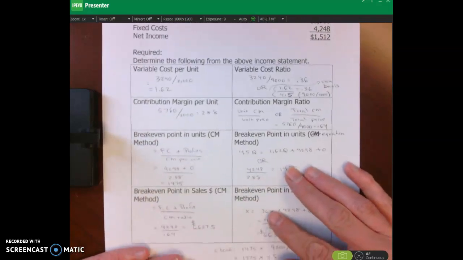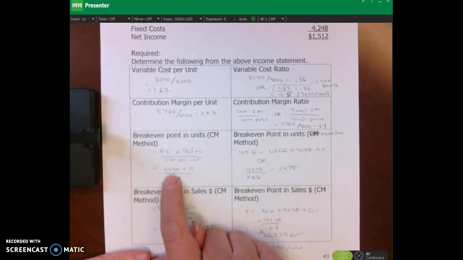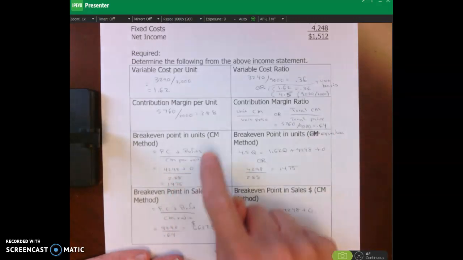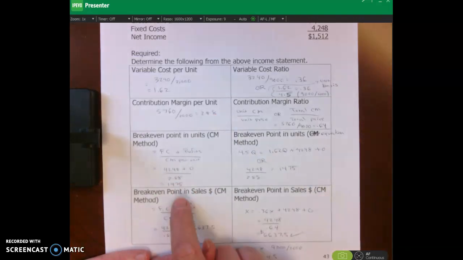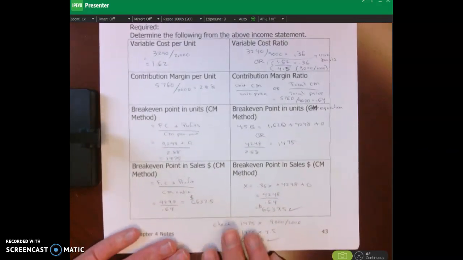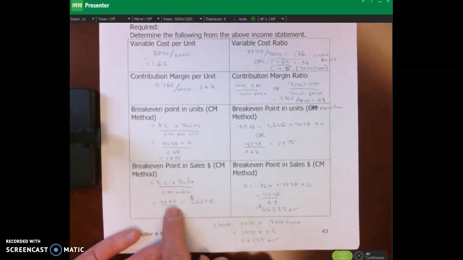Okay. In terms of the break-even, we take our fixed costs of 4,248 plus 0 profits, right? Divided by my contribution margin per unit, which is $2.88, gives 1,475 units. Okay. Break-even point in terms of sales dollars, we can take our 4,248 divided by our CM ratio, right over here, 6,637.5.